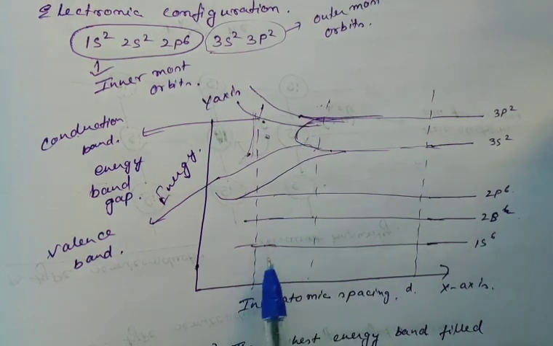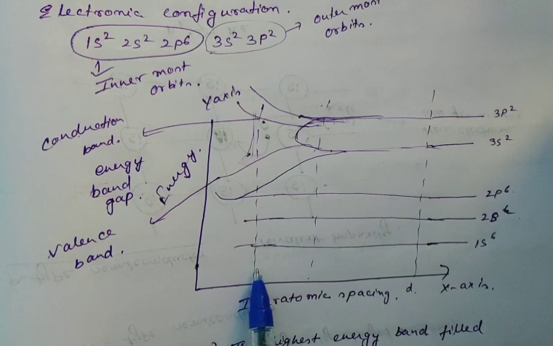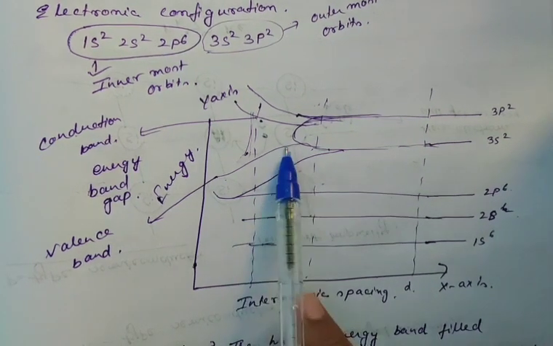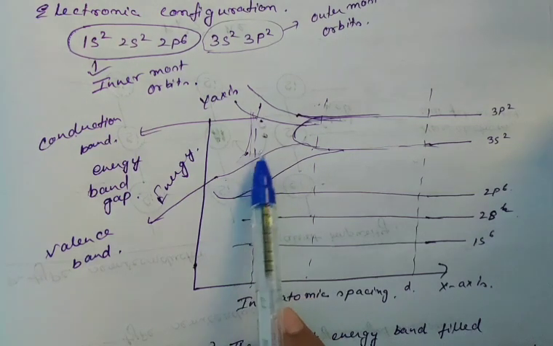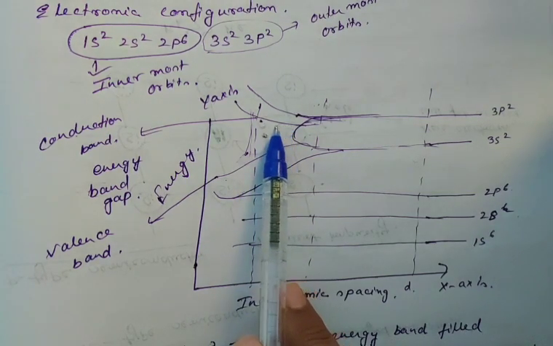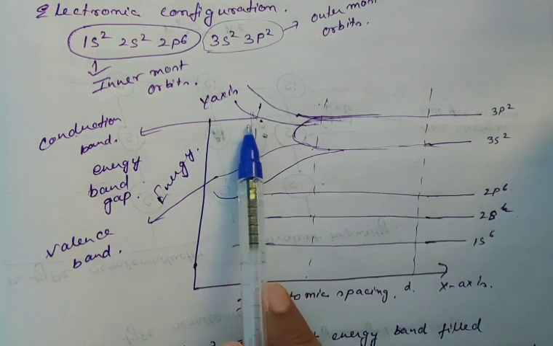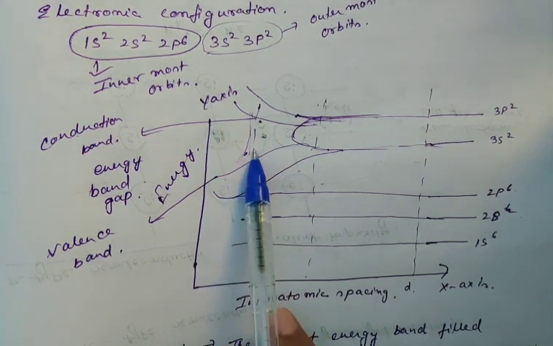Now at an equilibrium separation, we can see that the band of filled energy levels gets separated from the band of empty energy levels by an energy gap.